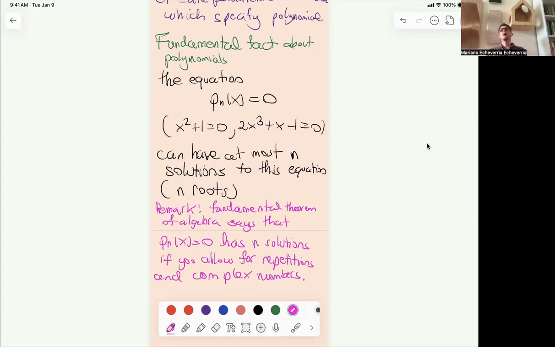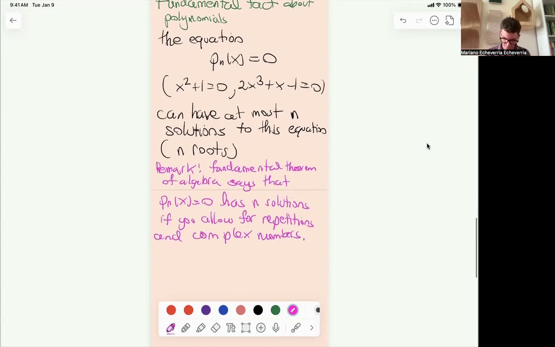Okay, and then the other important thing about polynomials is how many points in general you are required to give to specify a polynomial of a certain degree. So for example, let me say a little bit about that.